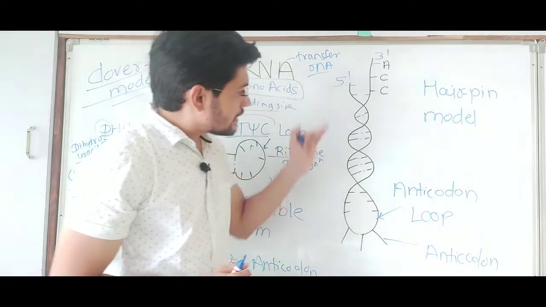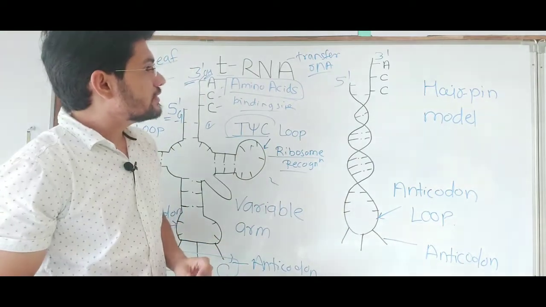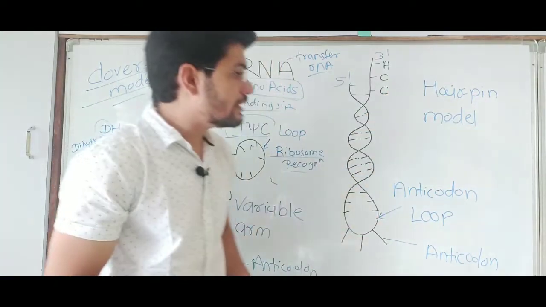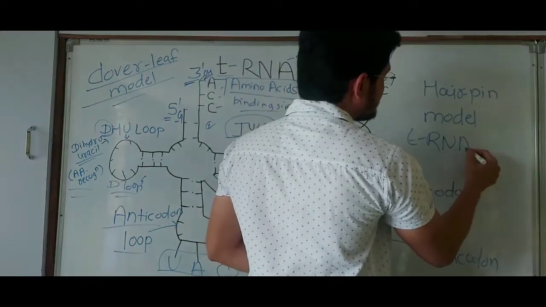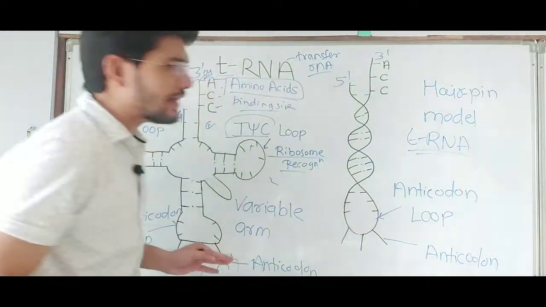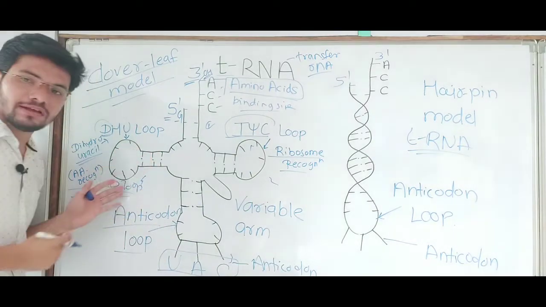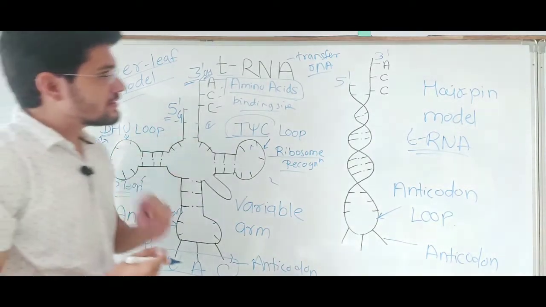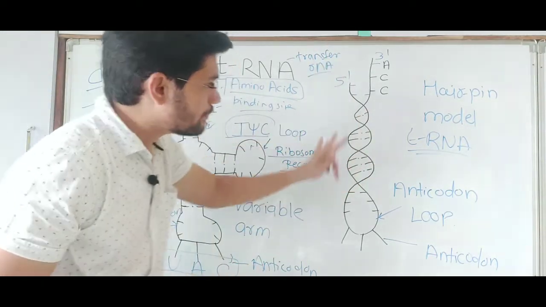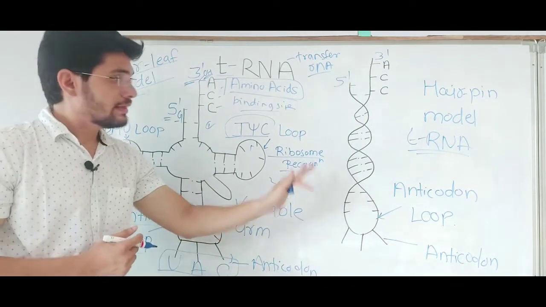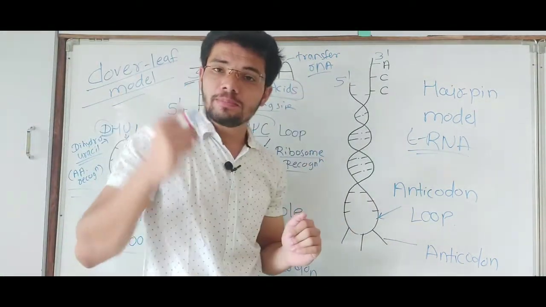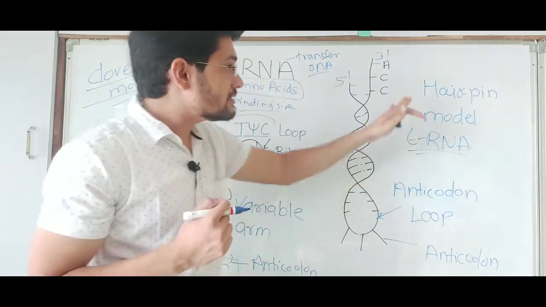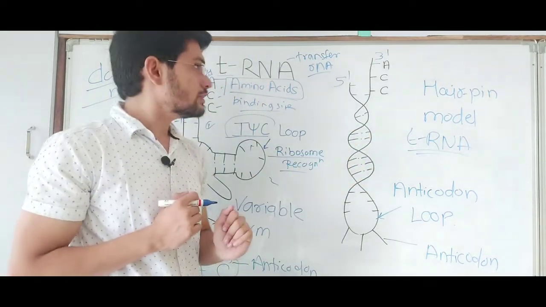Let's move to the next structure, which is the hairpin model of tRNA. tRNA can be seen in a hairpin like structure or clover leaf like structure. This is the hairpin model, which is much simpler than the clover leaf model. It looks like a hairpin, so that's why it is termed hairpin tRNA.